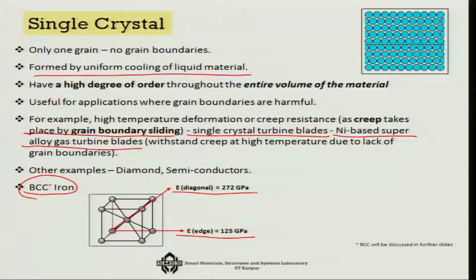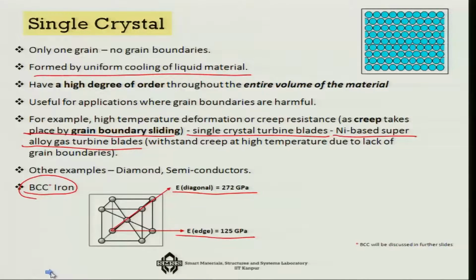So, what it means is that the BCC structure of iron is extremely stiff along the diagonal direction, whereas along any one of the edges it is much more flexible. So, if you develop a single crystal iron structure, you will see a particular direction where it is very, very stiff. That gives the anisotropic property of a single crystal.